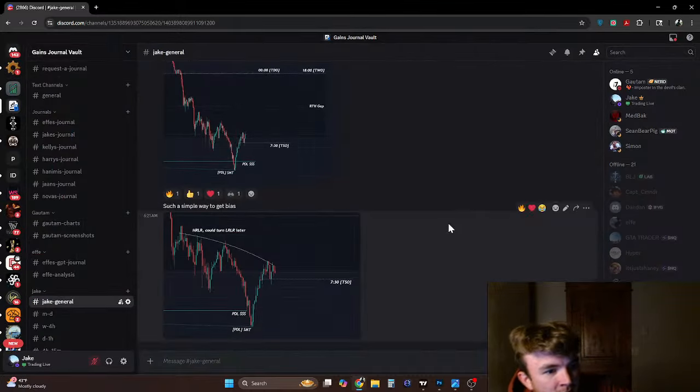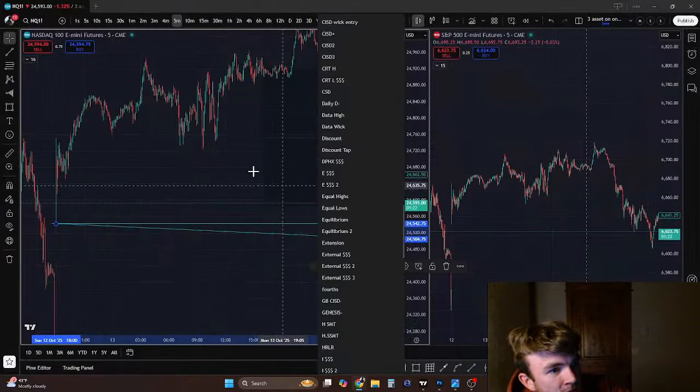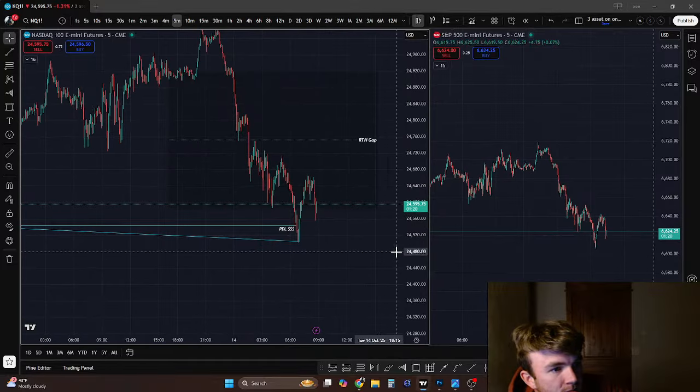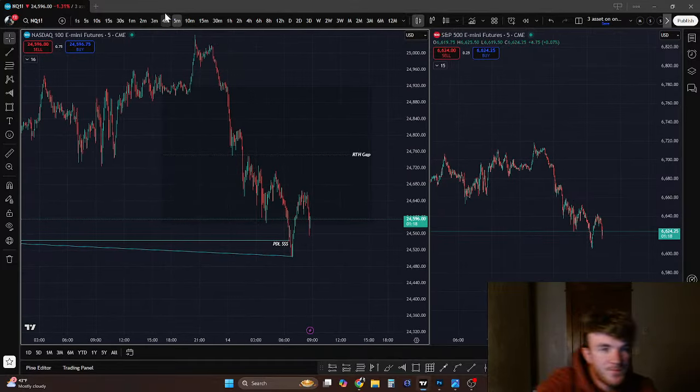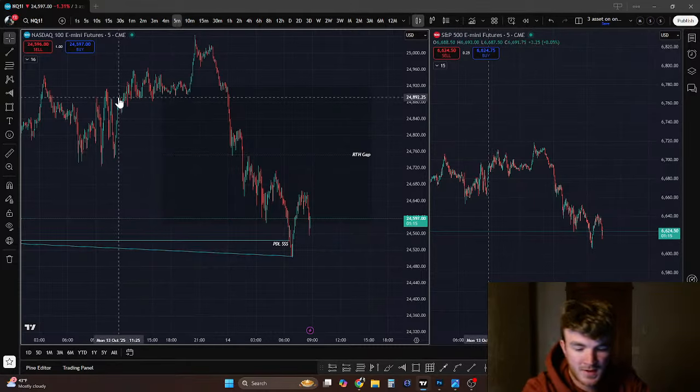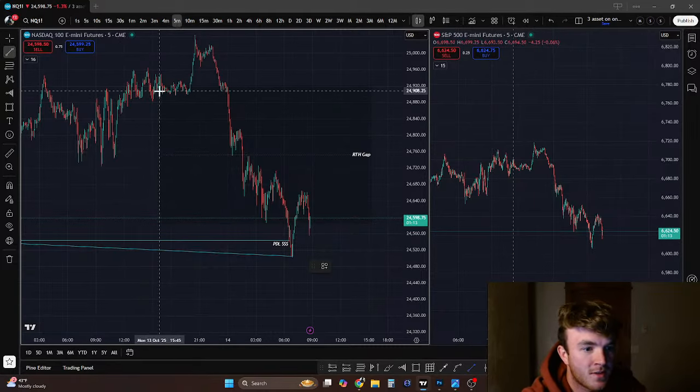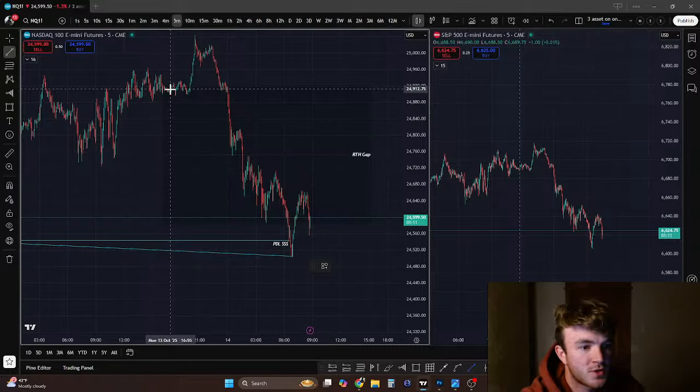Maybe I do kind of want to finish the risk levels. Okay, anyway, we're below 18 o'clock, which is of yesterday, which is the true week open.